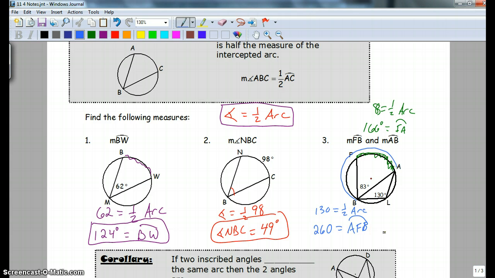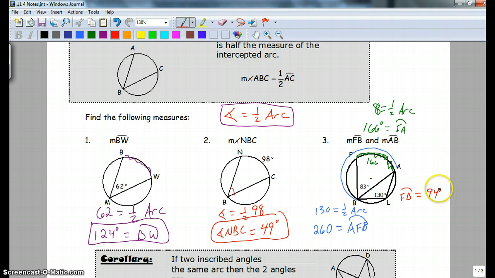Okay, so this green one here is 166. This is 260. So what is the measure? The first thing they want is, what is arc FB? Well, the whole thing is 260 minus 166.